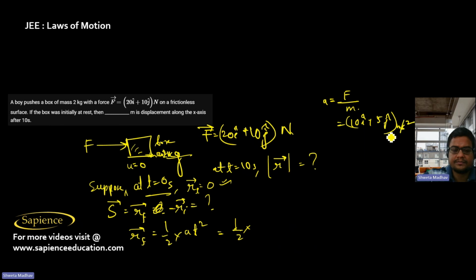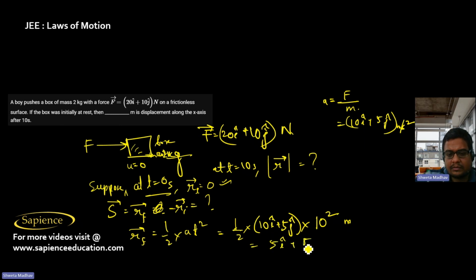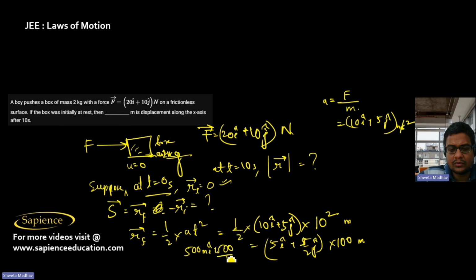This much meter per second square. So here acceleration is 10 I cap plus 5 J cap, into t square. T is 10, so 10 square. So this much meter. So this will be half of 10, 5 I cap plus 5 by 2 J cap into 100 meters. So this will be equal to 500 meter I cap plus 500 by 2 meter J cap.